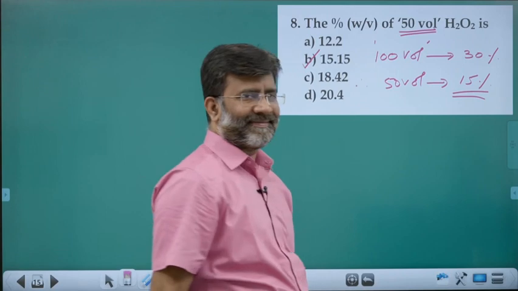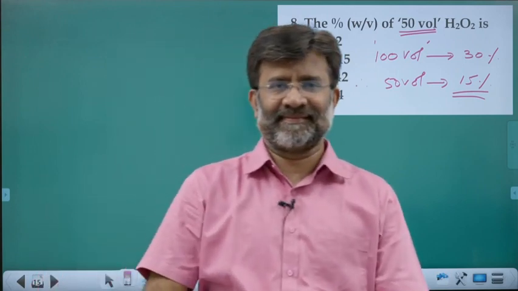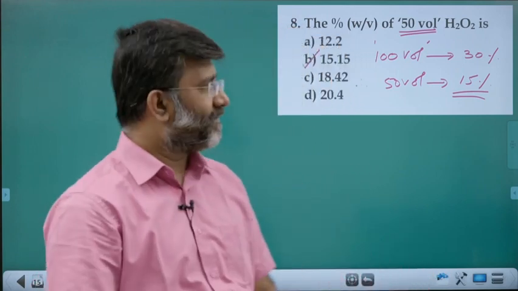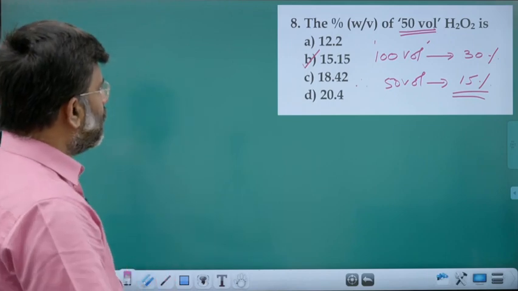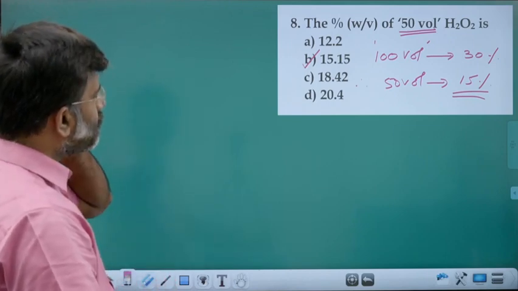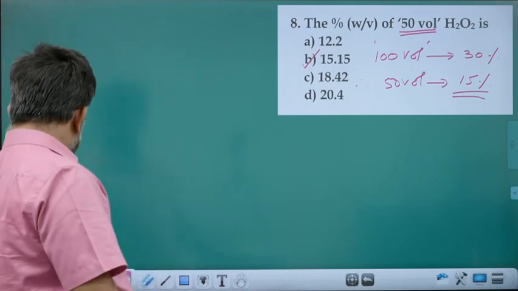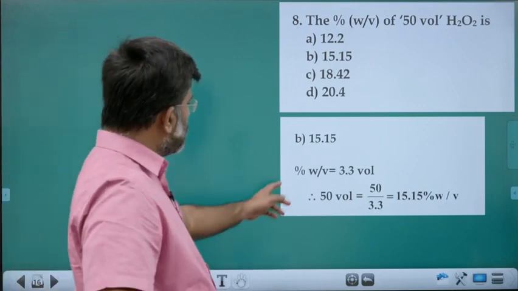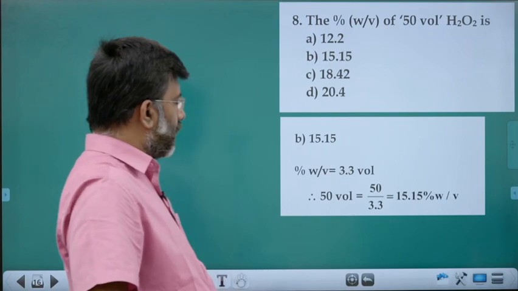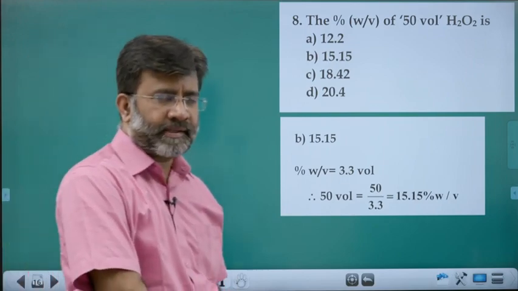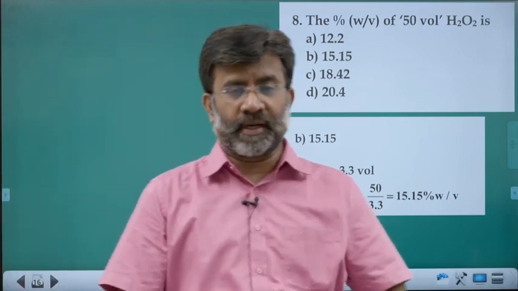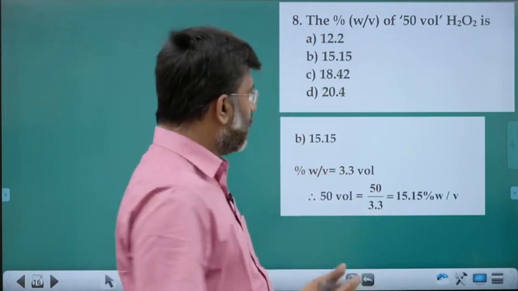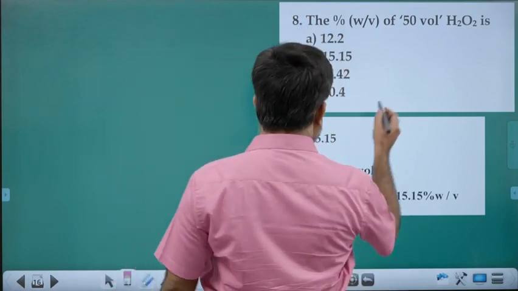Right? The weight by volume percentage is 3.3 volume for 1%. How is that?